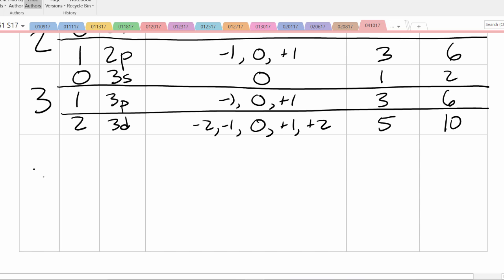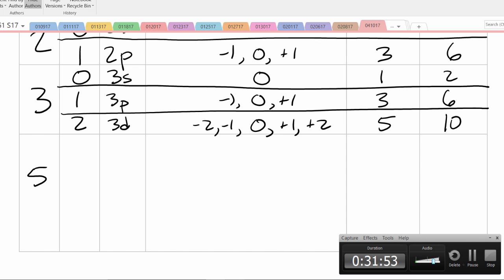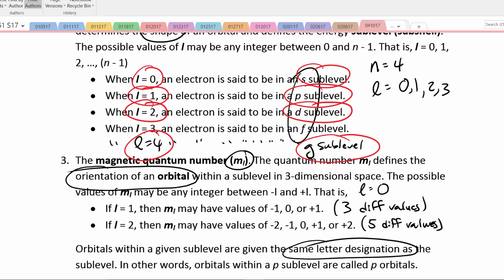All right, go down and complete them for 5, when n is 5. Okay, so when L is equal to 4, we are in a g sublevel. In fact, once we begin right here, starting with f, they go alphabetical. So it'll be f, g, h, and so on. But the first 4 come from description of the line spectra.